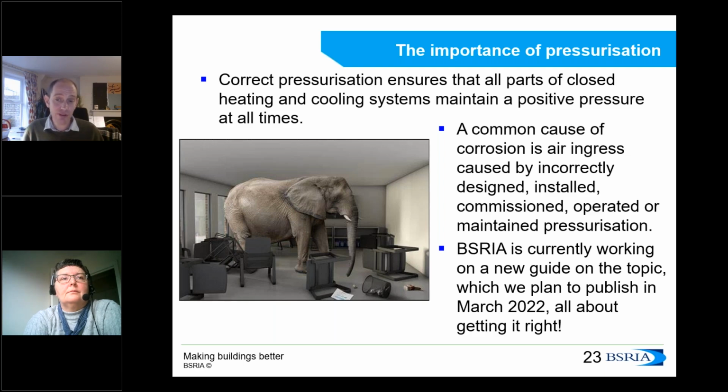What sometimes happens as a result of this is that you get negative pressures in parts of the system. Then when you get the negative pressures, you get air drawn in at certain points, such as the air vents. So the vents that are there to let the air out of the system, in certain circumstances can let air into the system, which is exactly what you don't want.